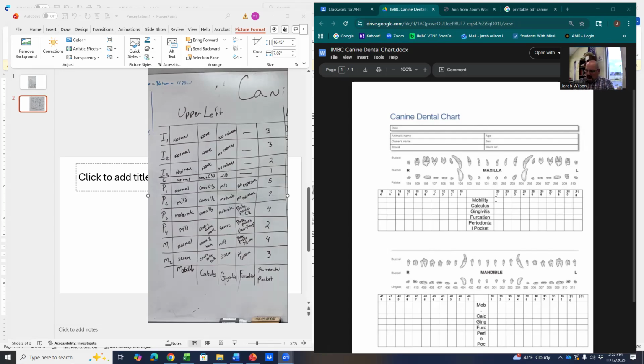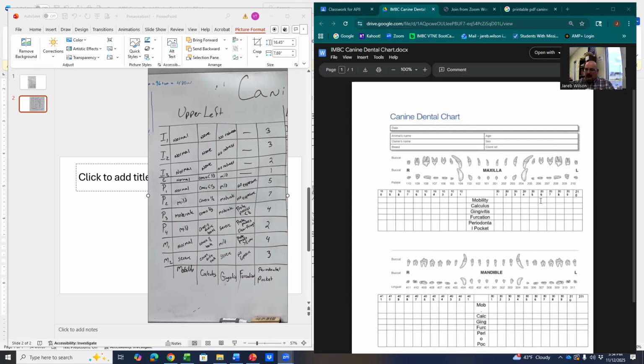Normal is going to go in as a 0 for mobility. 202 is also normal, so that should be a 0. 203 should be 0. 204 should be 0. 205 should be 0. When you get to P2, which is the second premolar, that's going to be number 206. It has mild mobility, so that will go in as a number 1 under 206.